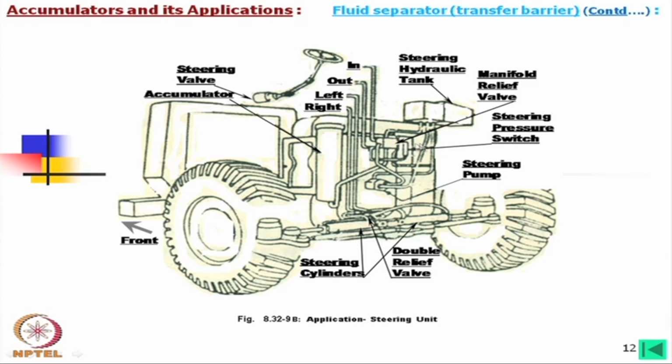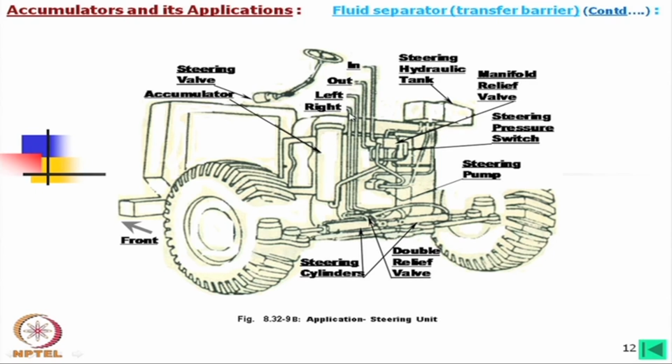Okay. And we find that the steering pump is here and the steering pressure switch is here, the manifold relief valve is here, the steering hydraulic tank is there.